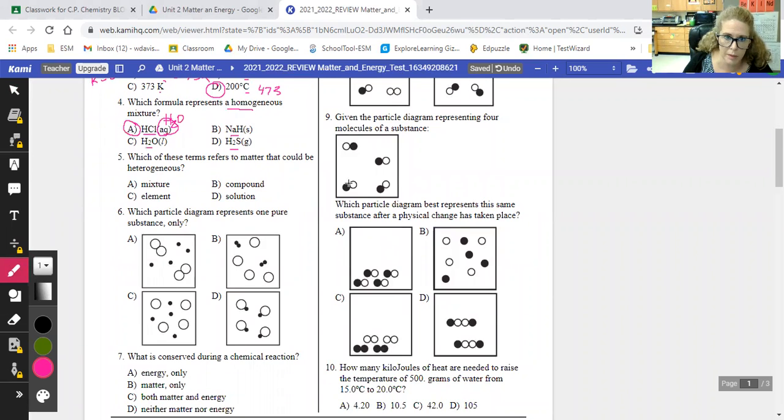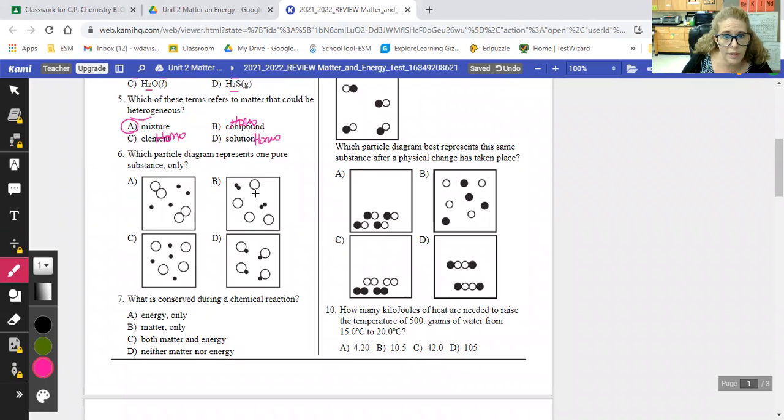Only one of those was a mixture, and it's homogeneous. All aqueous solutions are homogeneous. Which one could be heterogeneous? That is going to be a mixture. A compound is going to be homogeneous, and so will an element, and a solution is also going to be homogeneous.